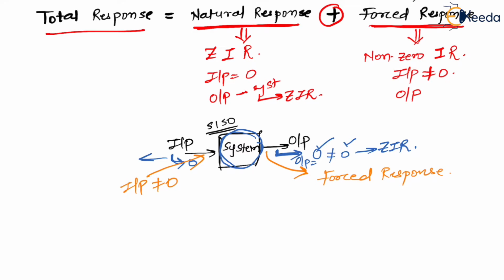So the total response is: when input is not there, what is the response, and when input is there, what is the response. You add them, you get the total response.